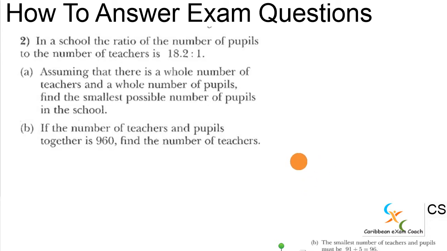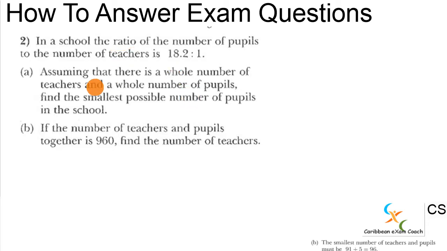the thing to ask yourself: what is it the CSEC examiners are testing you on? They're testing you on your knowledge of ratios, the ratio of numbers. If you understand the concept of ratio, you should be able to solve this problem easily.